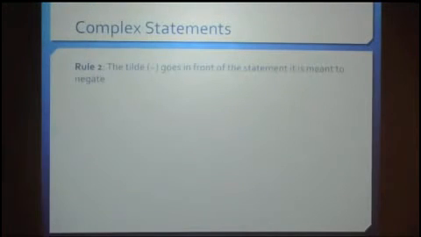The second rule is that the tilde goes in front of the statement that it is meant to negate, and I've talked about this in previous slides. You always want to make sure that the tilde goes in front of the statement, either simple or compound, that it is negating. So here we have examples of well-formed formulas using tildes.